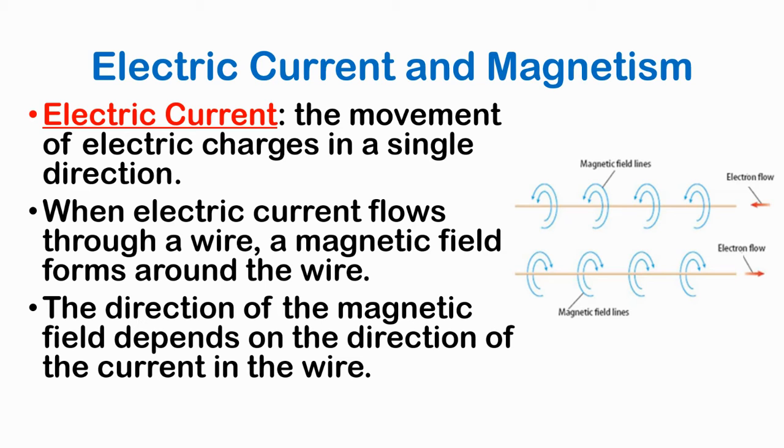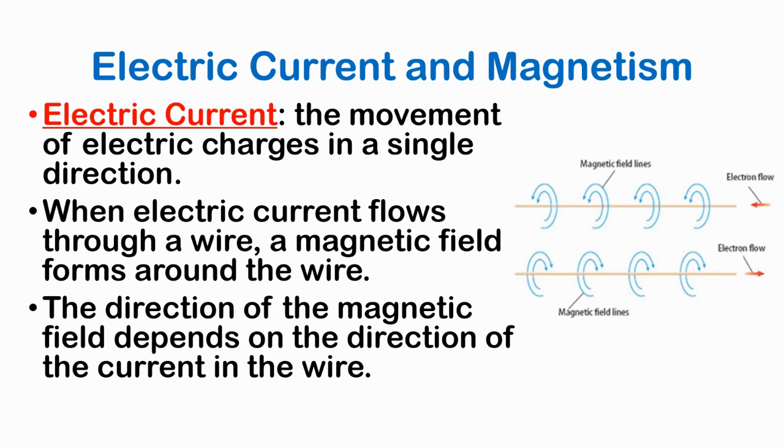And if we know the direction of those magnetic fields, then we could use that magnetic field to manipulate other magnetic fields. We learned that opposite poles of a magnet will attract and like poles of a magnet will repel. Since we have electricity, we can use electricity to produce magnetic fields and manipulate magnets.